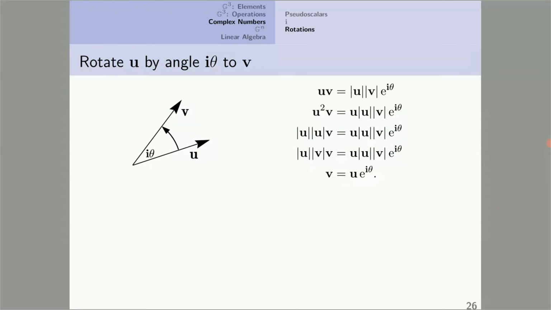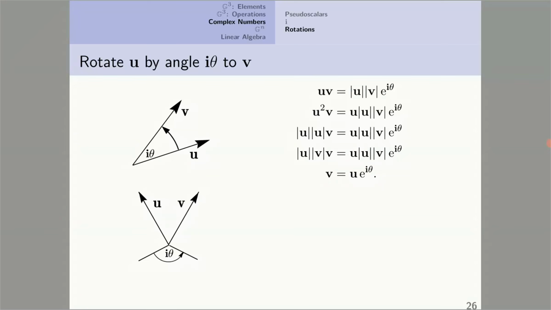To rotate a vector u by an angle I theta, I multiply by e to the I theta on the right. Now let's consider the most general case, where u and v don't have to be in the plane of rotation.